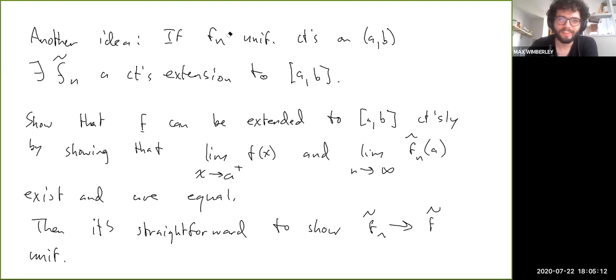I think you should just always remember that you can do the extension thing. It's just good to remember always, even though in this case it didn't end up being as useful as I thought it would be.